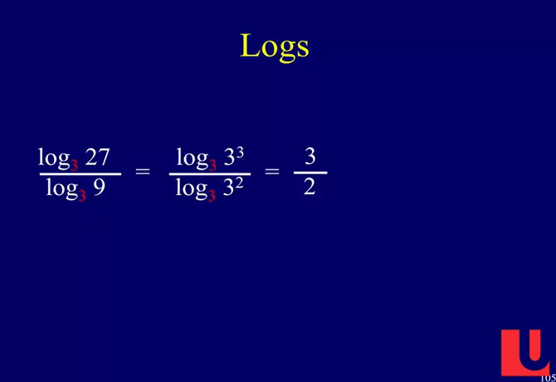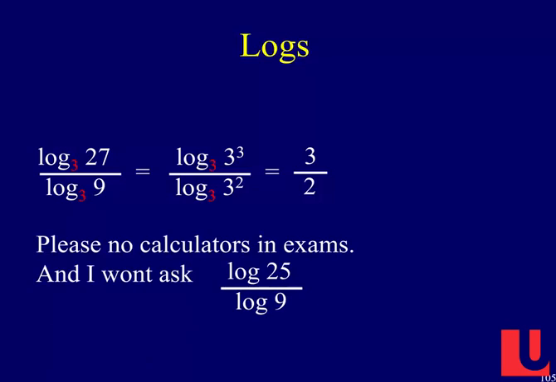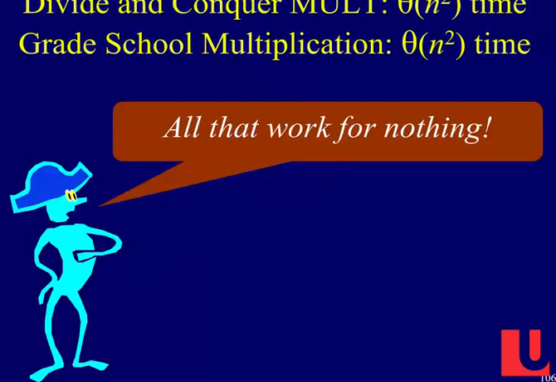And in this case, the easiest base is 3. So you have to know 3 to the 3 is 27, so it's 3. And 3 to the 2 is 9, so you get 2. So that you need to be able to do without a calculator. And what about this? Do you need to do that without a calculator? Clearly not. Everybody got that? I just don't know how to do that without a calculator.